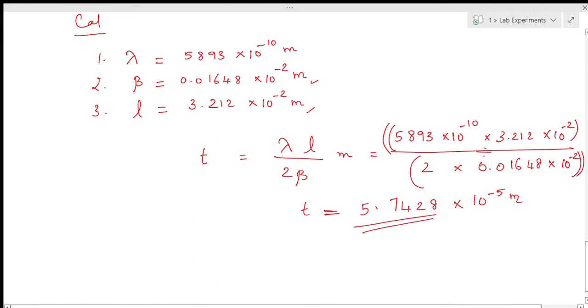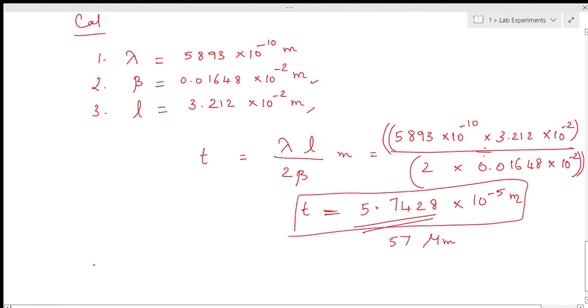It depends upon the specimen wire's thickness. So the specimen given to me may be a very thin wire of 57 microns, that is micrometers, or express it in this way.